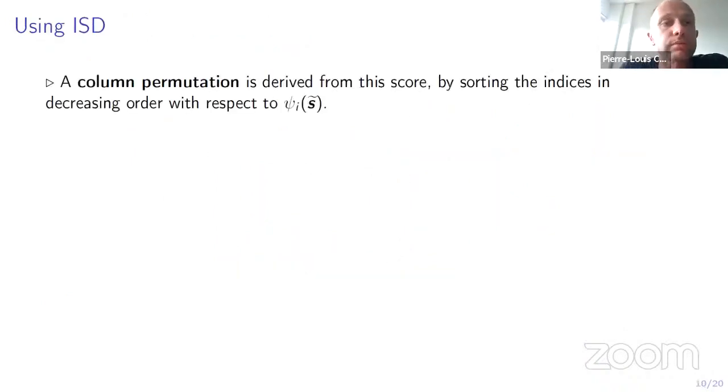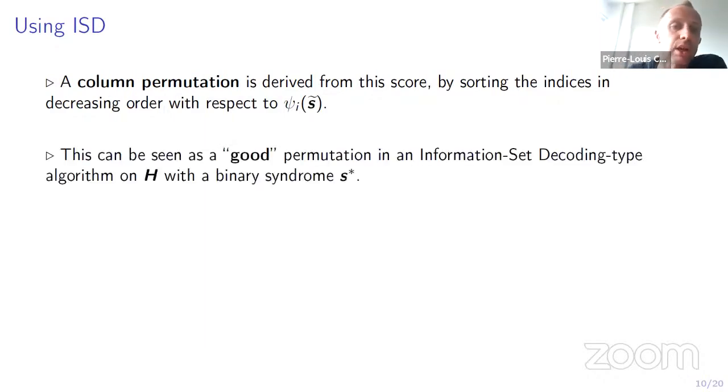What we want is to find the columns which are involved in the product. So if we derive a column permutation from the score by sorting the indexes in decreasing order with respect to the score, we find a good permutation of the columns with respect to the information set decoding algorithm.